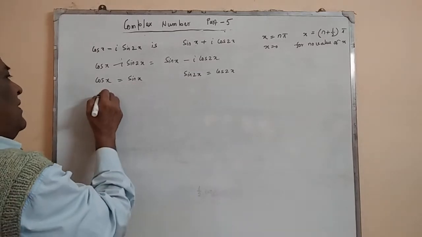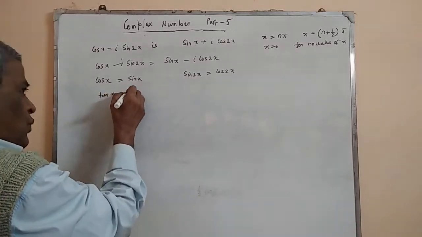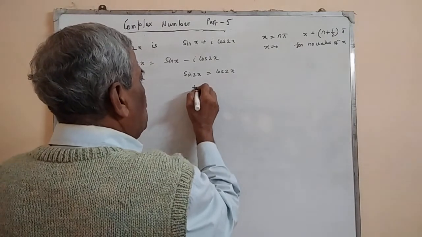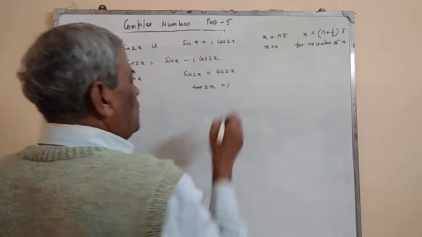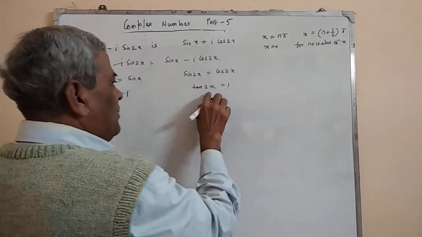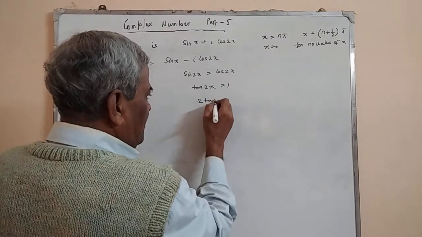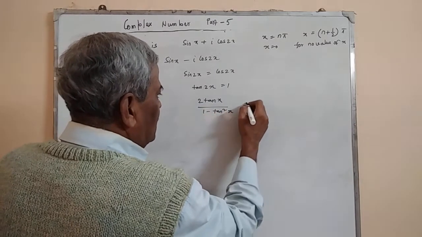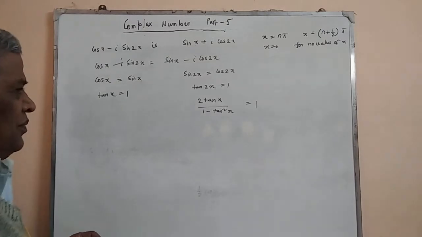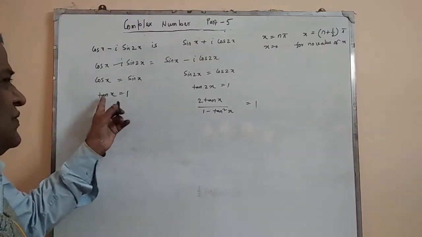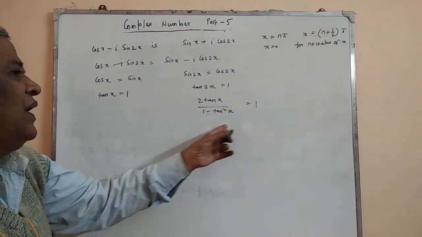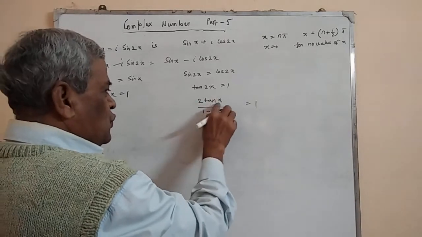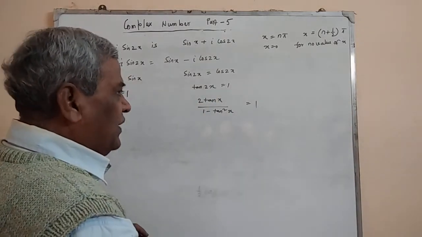From the first relation, tan x is equal to 1. From this relation, tan 2x is equal to 1. It means 2 tan x by 1 minus tan square x is equal to 1. But putting tan x equal to 1, this will not be satisfied, because the numerator is 2 and the denominator becomes 0, so it is undefined.